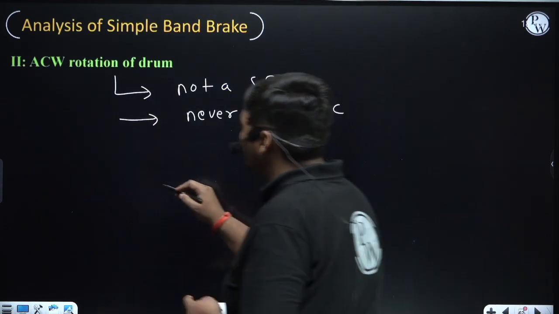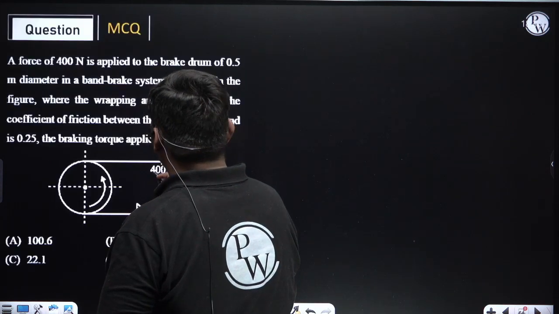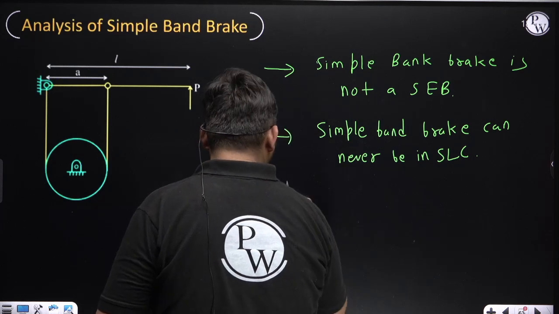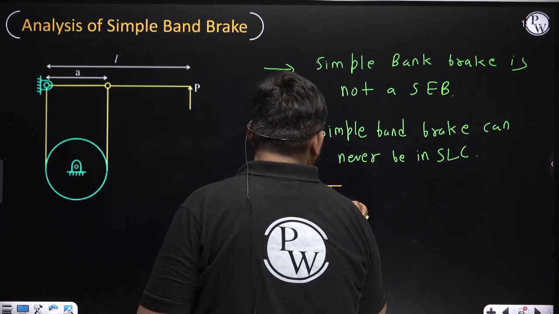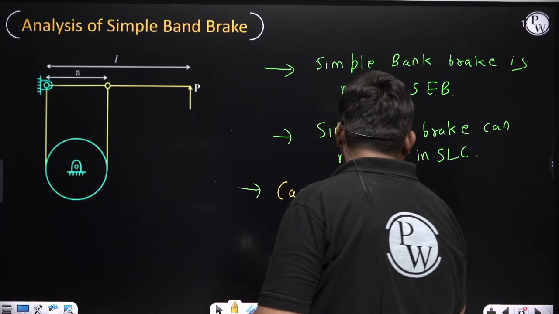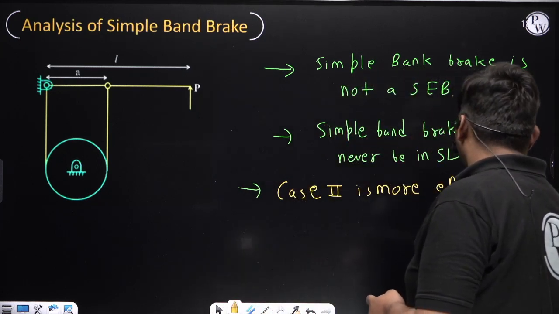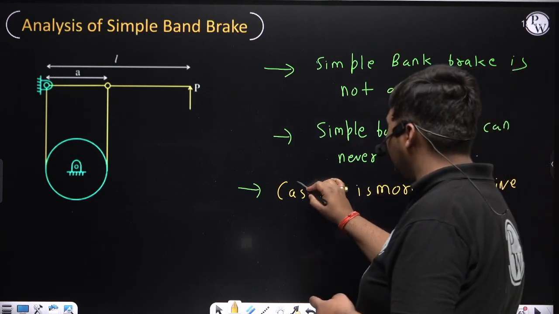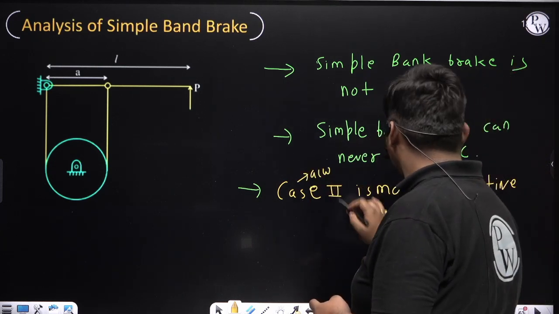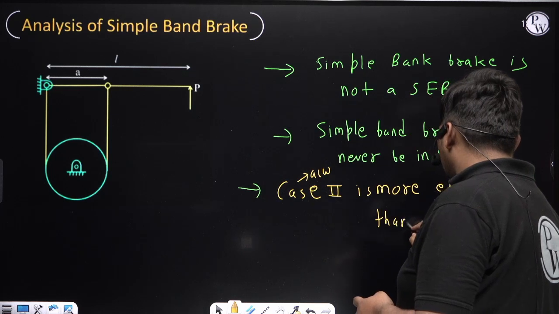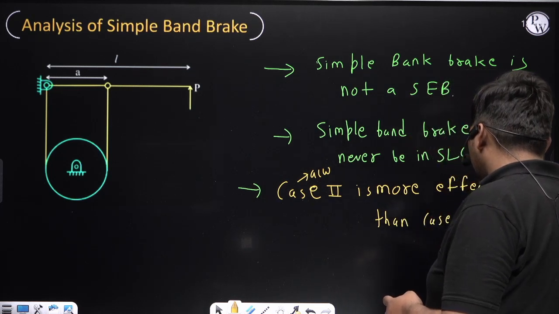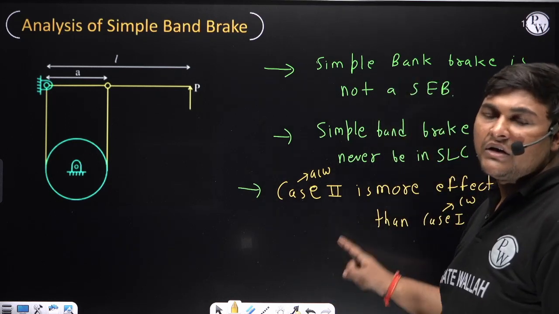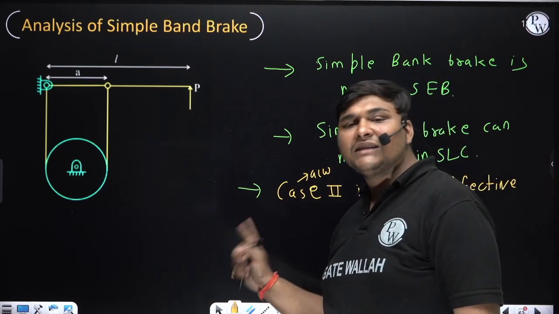For the diagram which I used here, case 2, in which the drum was rotating anti-clockwise, is more effective than case 1, in which the drum was rotating clockwise. Why? Because for the same braking torque, in case 2 the braking effort is less as compared to case 1.